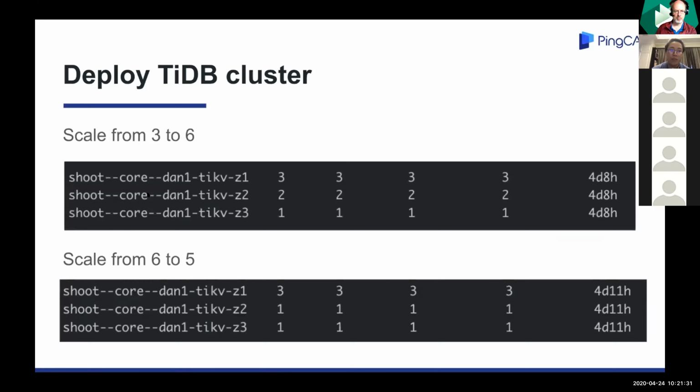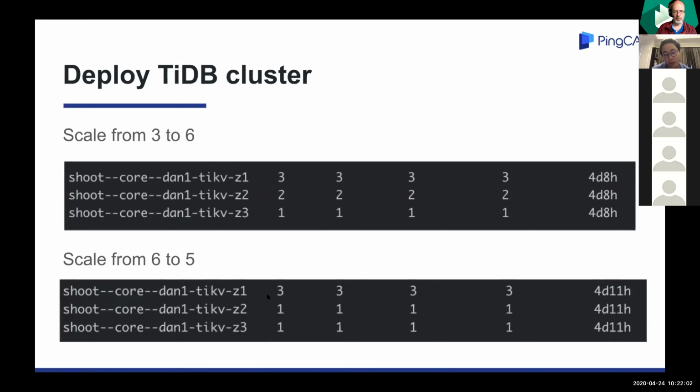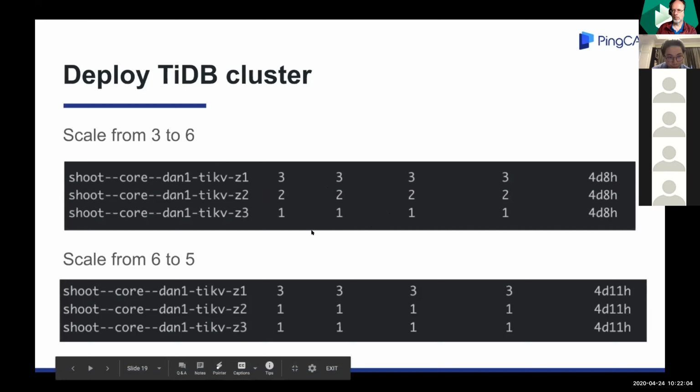For example, when we scale machines from 3 to 6, one of the machine deployments gets 3 machines, and the other gets 2. And when we scale from 6 to 5, the machine deployment of the available zone with 2 machines is scaled in, but the available zone with 3 does not get scaled in.